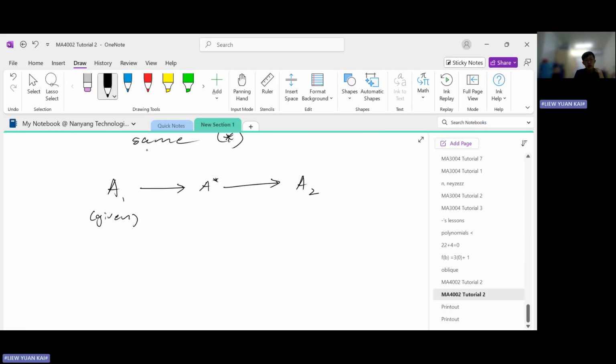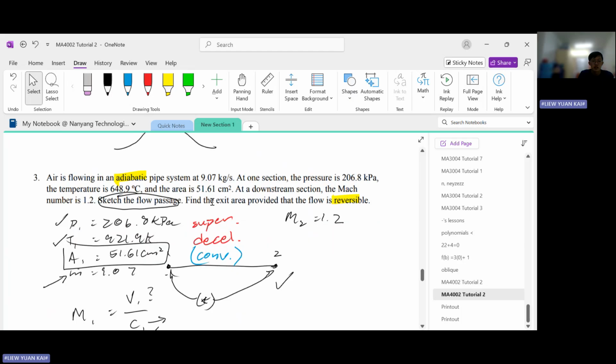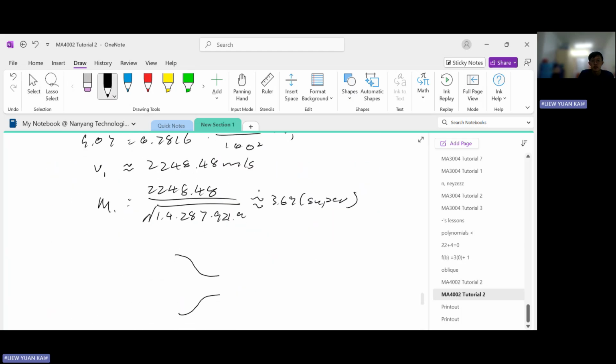First, let's apply it between 1 and the critical state. We have A1 over A star, and this is a function of the Mach number at point 1. We've already found that the Mach number at point 1 is 3.69.